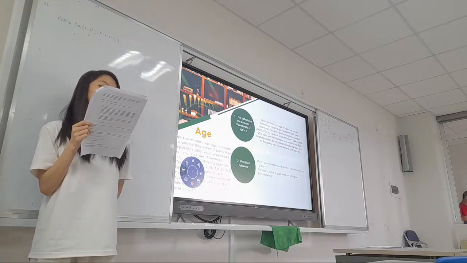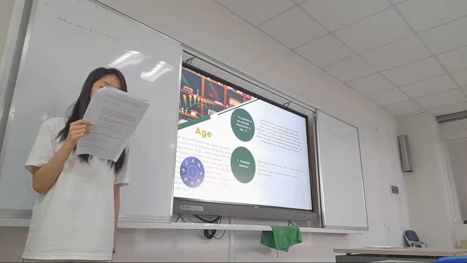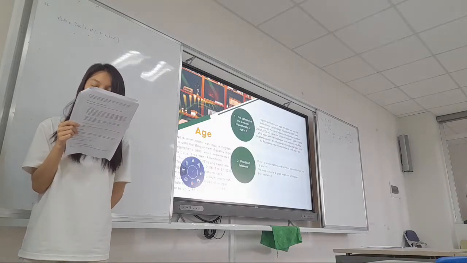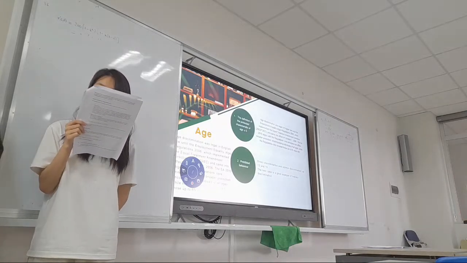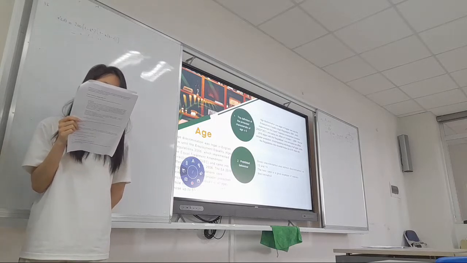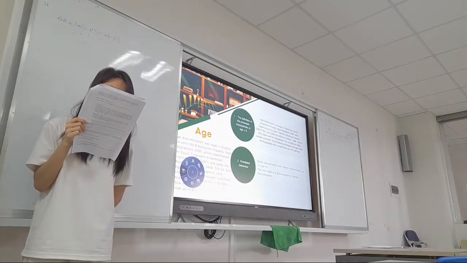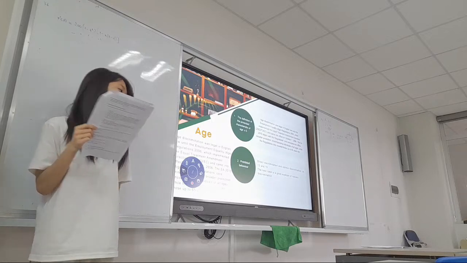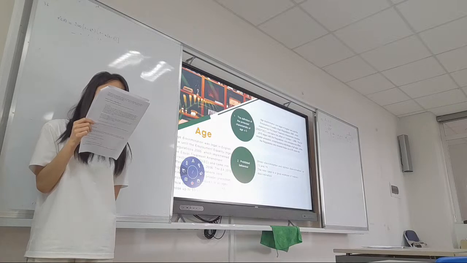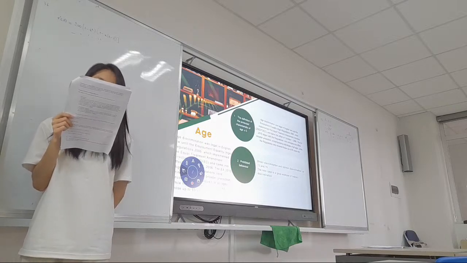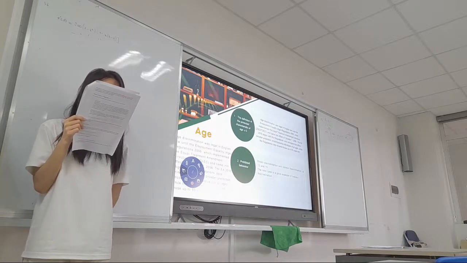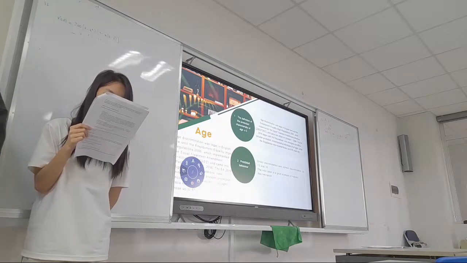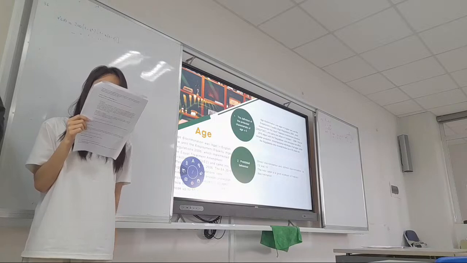In a discrimination case, the comparator is someone from a different age group who receives preferential treatment based on age. Number two is prohibited behavior: direct discrimination and indirect discrimination.